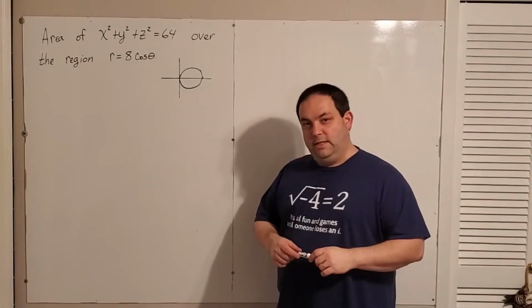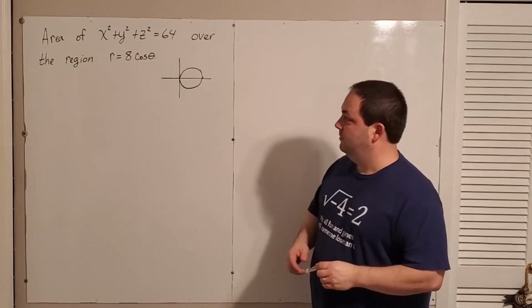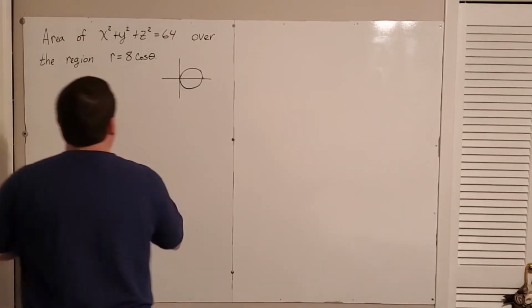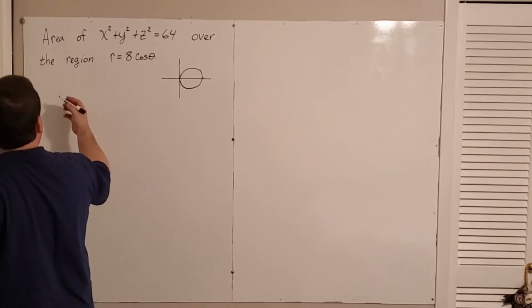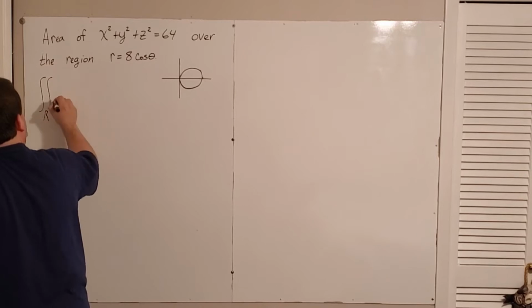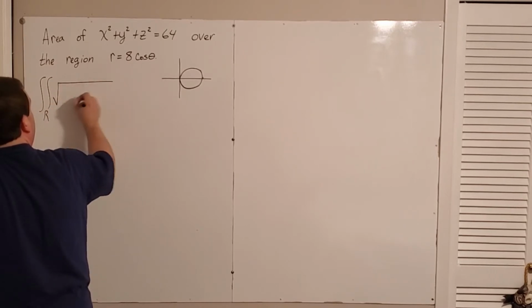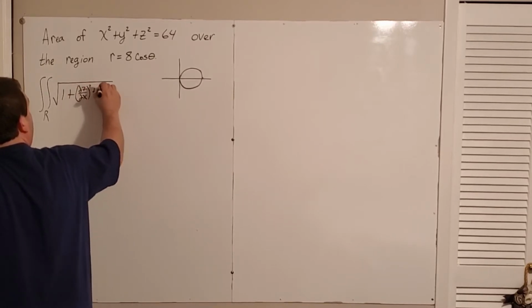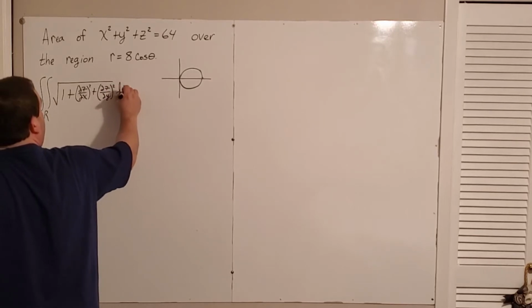So now let's calculate that surface area. So I need to set up my original integral here, which means I'm going to need the double integral of the region, square root, 1 plus partial derivative squared, plus partial derivative of y squared dA, right?